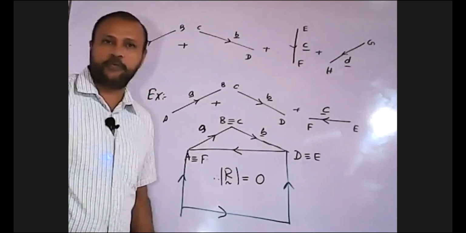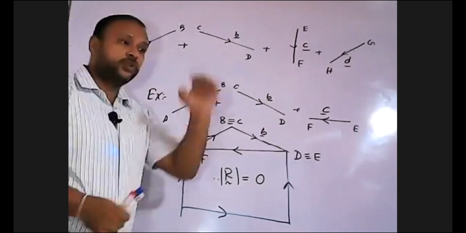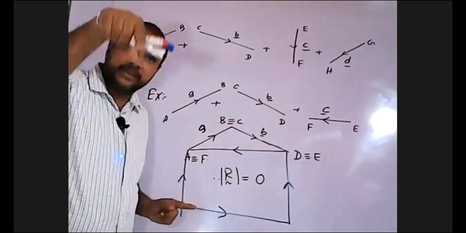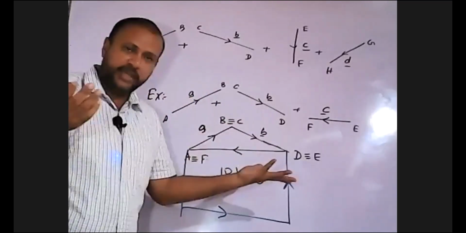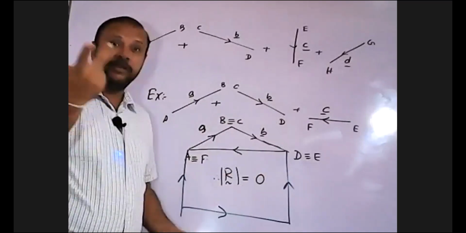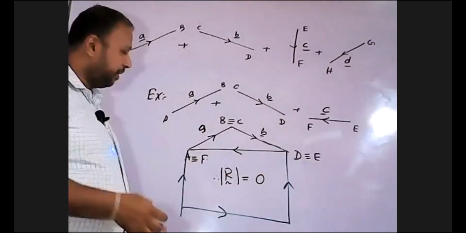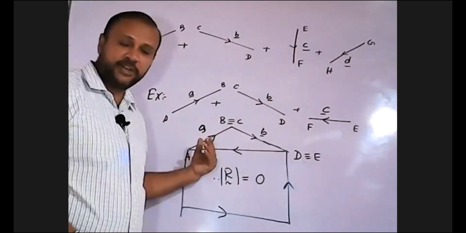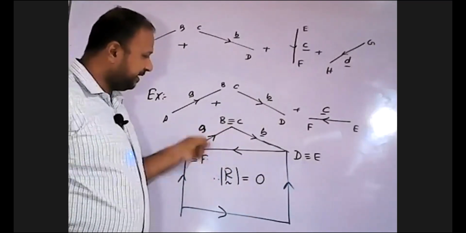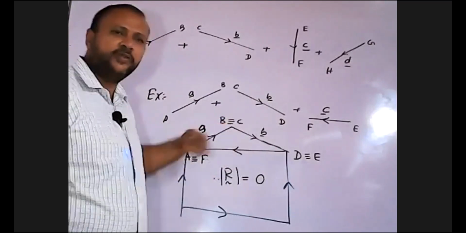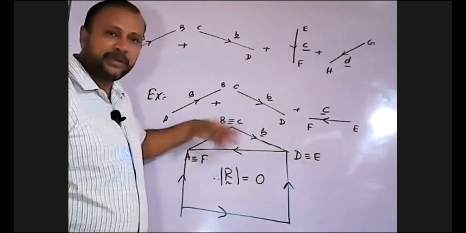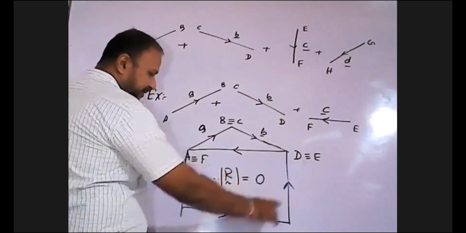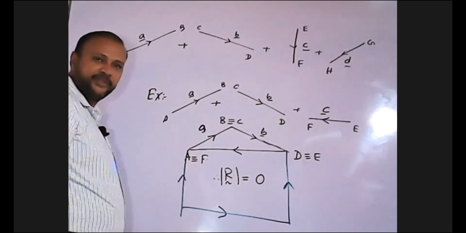If you want to find the resultant force of a vector system, and you can see there is a closed loop, then you can remove that part because the resultant is 0.